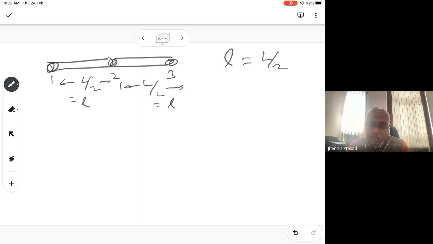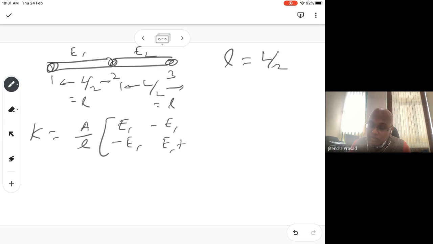Now in that case, we have E1 here, E2 here. So accordingly, you can find out K is equal to EA over l times the matrix: E1, minus E1, 0; minus E1, E1 plus E2, minus E2; 0, minus E2, E2.